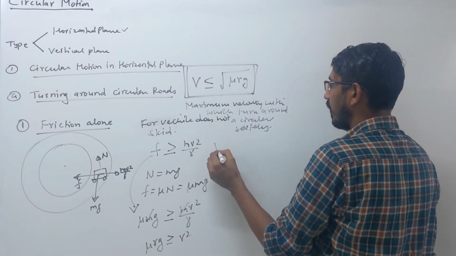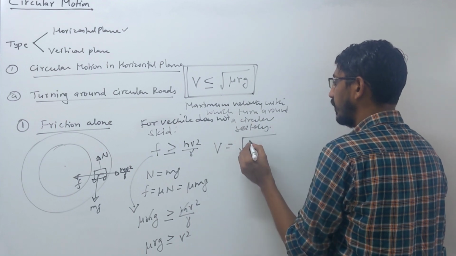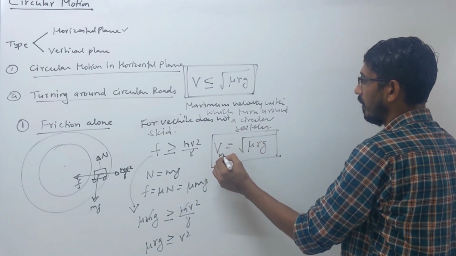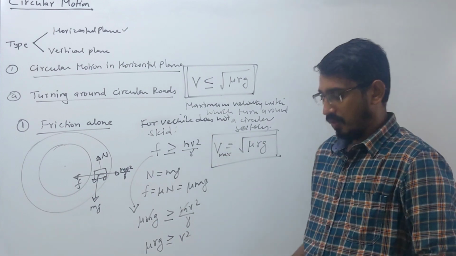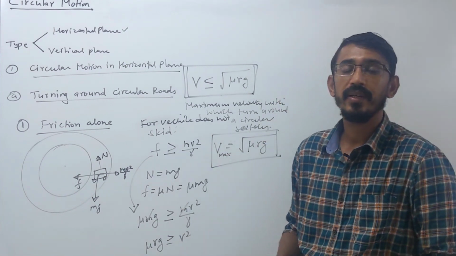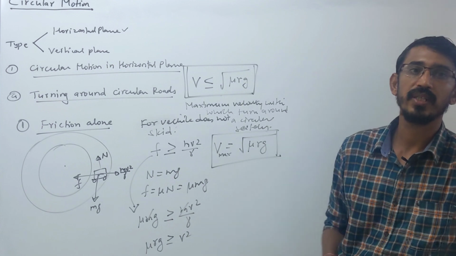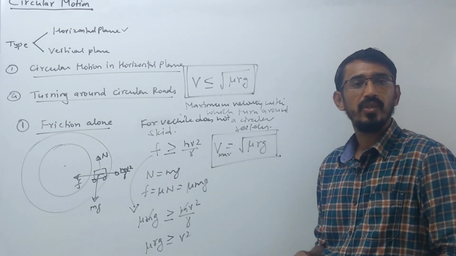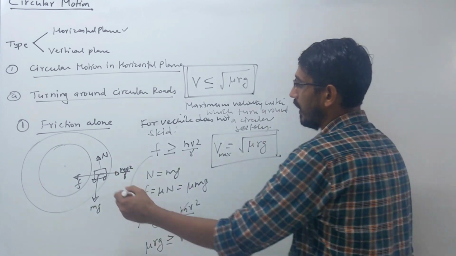Till that velocity, you say simply mu rg. If your velocity is more than that value, then you will skid.